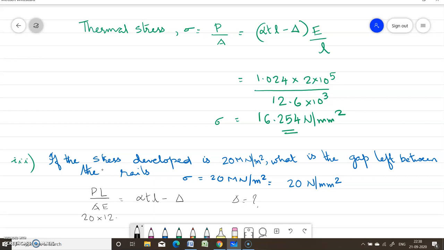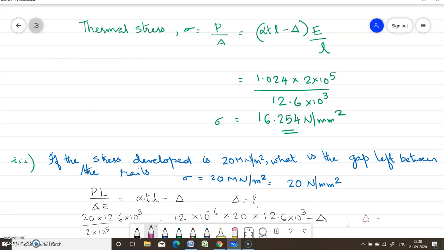Length is equal to 12.6 into 10 raised to 3. Okay, E is equal to 2 into 10 raised to 5. Alpha is equal to 12 into 10 raised to minus 6. T is equal to 20. L is equal to 12.6 into 10 raised to 3 minus delta. So you can find out delta from this equation.